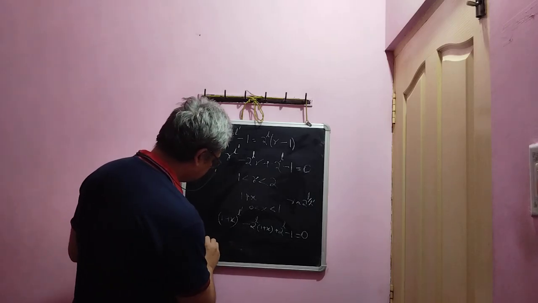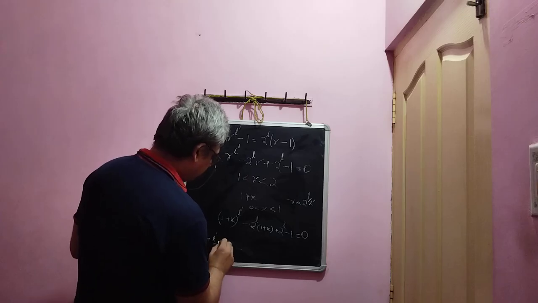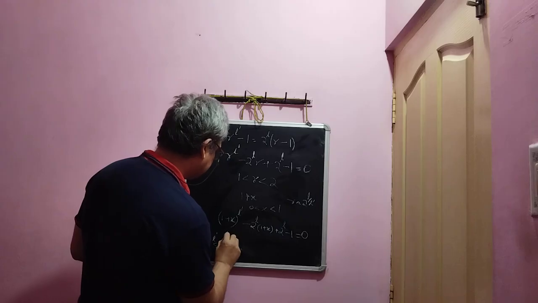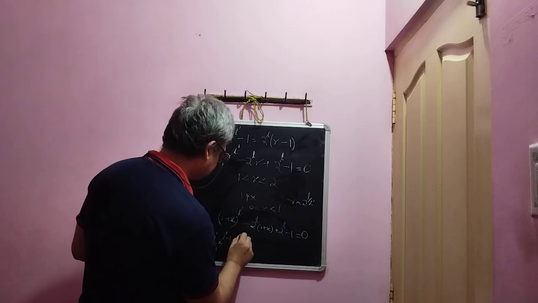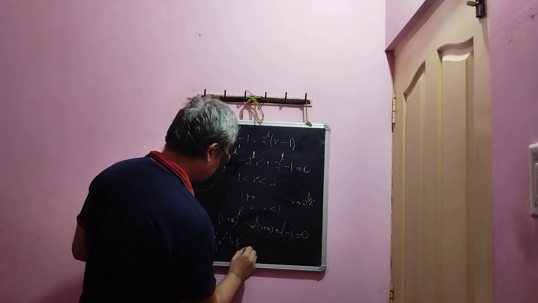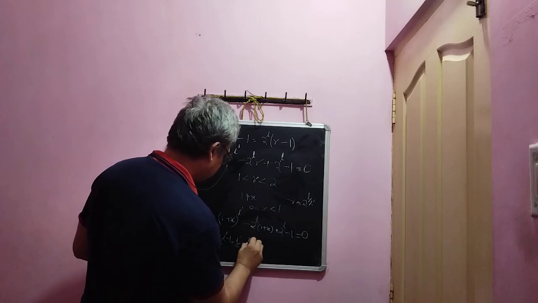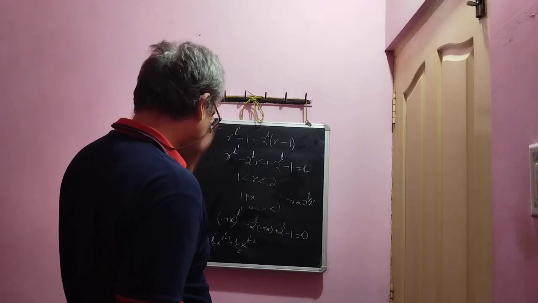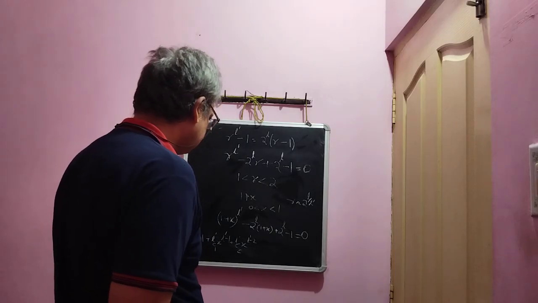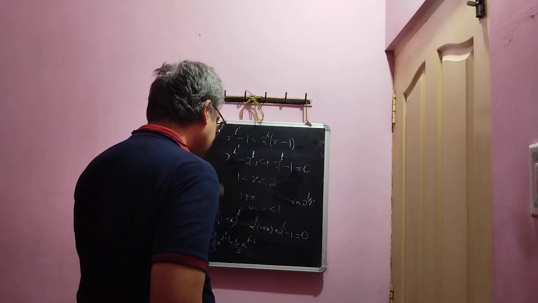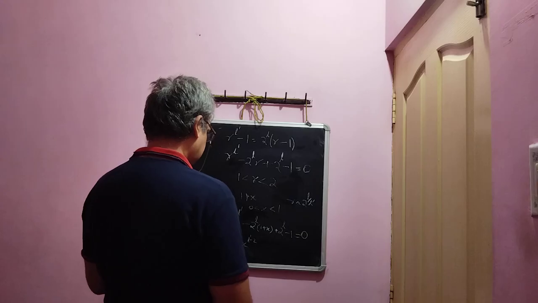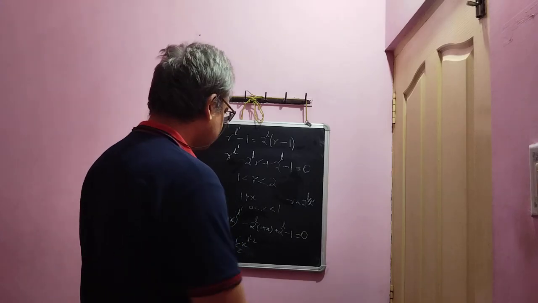For this you take a binomial expansion. You can write this as 1 plus l dash C1 x power l dash minus 1 plus l dash C2 x power l dash minus 2, and so on.